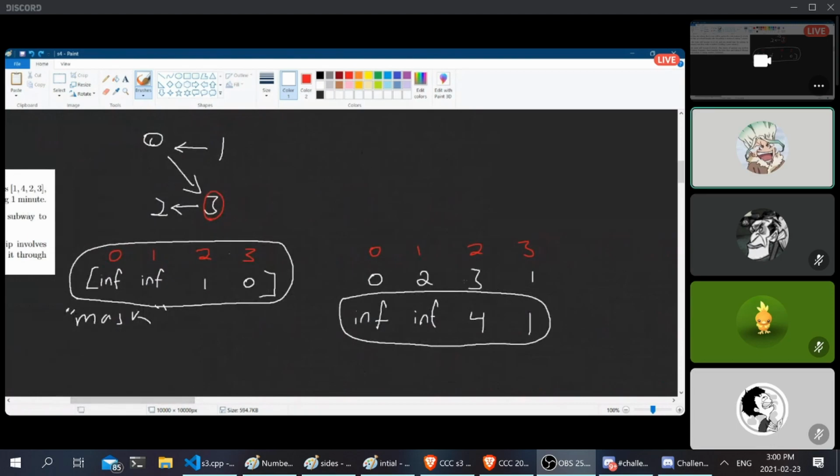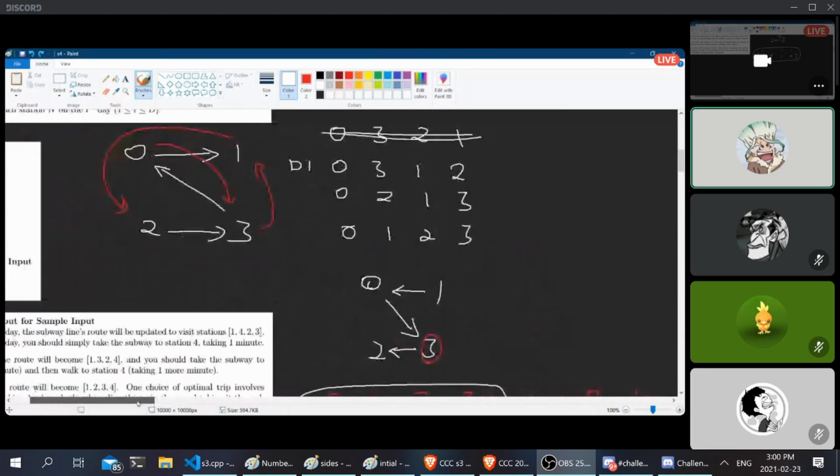So that's 3 minutes here, and then we add the number of steps it takes to get from station 2 to station 3 with walkways, which is 1. And we add those two numbers, and it ends up taking a total of 4 steps to get from station 0 to station 3, by taking the subway to station 2 and then a walkway to station 3.